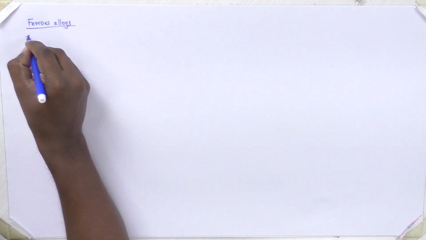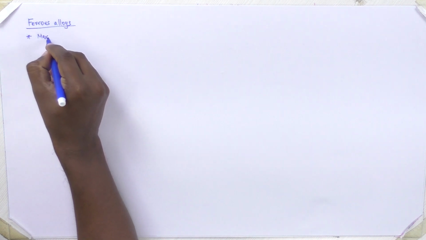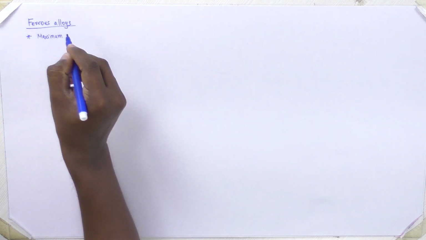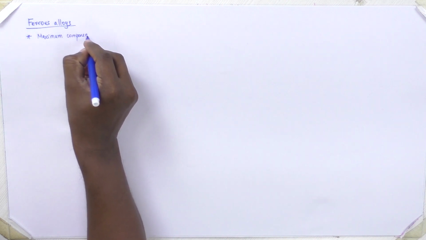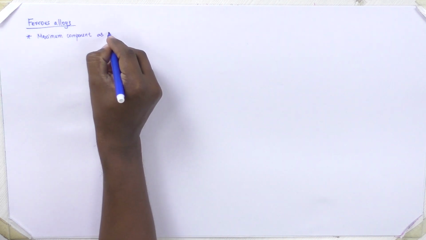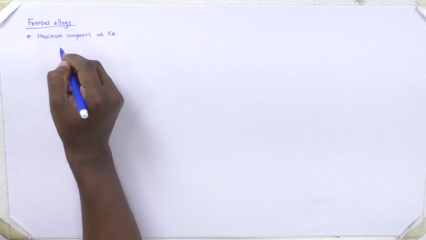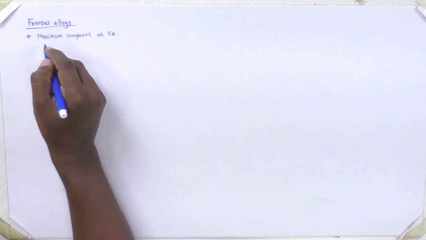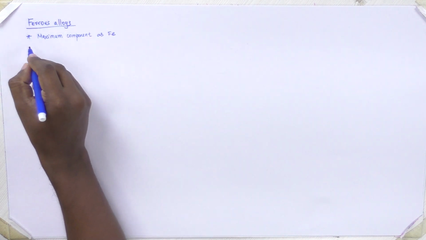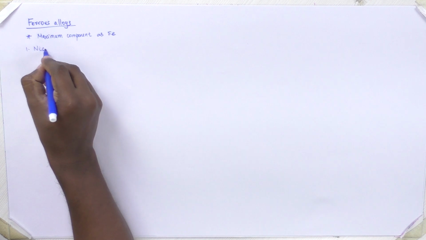So these ferrous alloys will have iron as the maximum component. You have several compositions, and in one of the compositions you have iron as the maximum content. We discuss three ferrous alloys today, and the first one is nichrome.